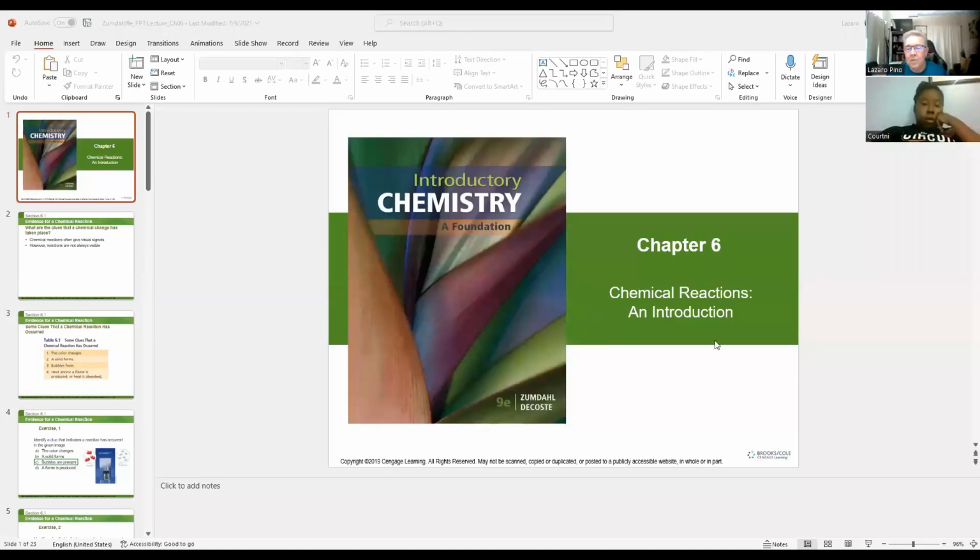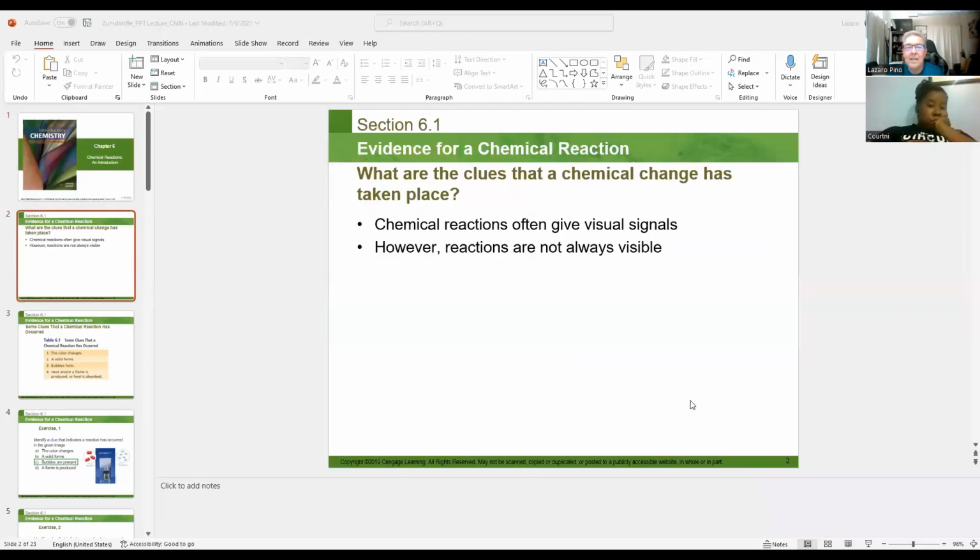Okay, first of all, what is a chemical reaction? What are the clues of a chemical reaction? Every time you have visual signals that there is a change, for example, a change in color, or a gas is released, or a solid precipitates, or you touch the walls of the beaker and there is a change in temperature.